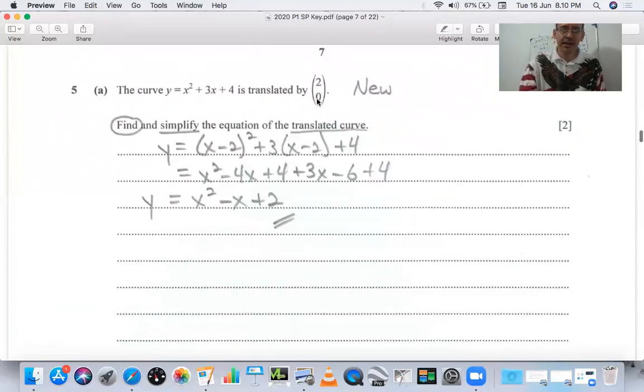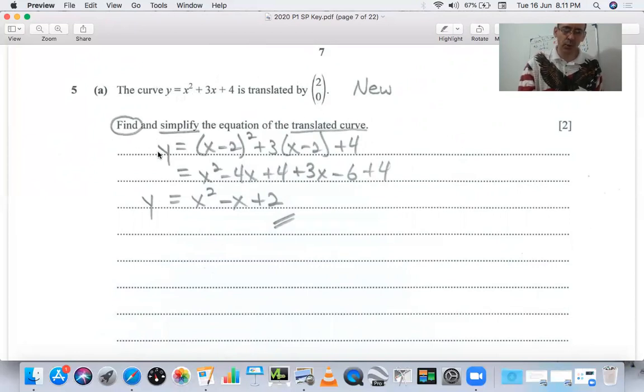So here we see a column vector, which gives us our x and y translation. Here is the original function, y equals x squared plus 3x plus 4. So when we plug in our translation values, remember, when you attach it to the variable, you change the sign. So technically out here, I could have put y minus 0.